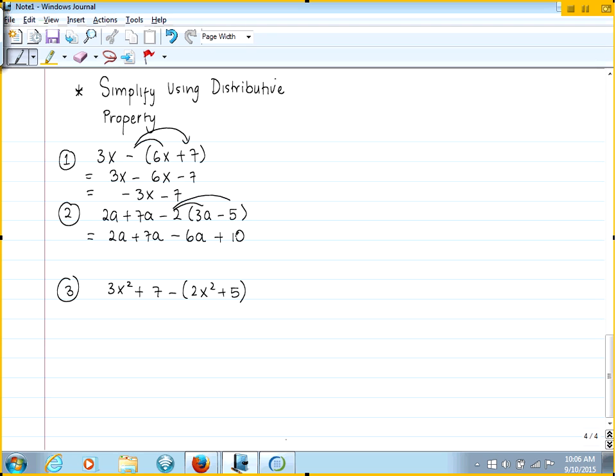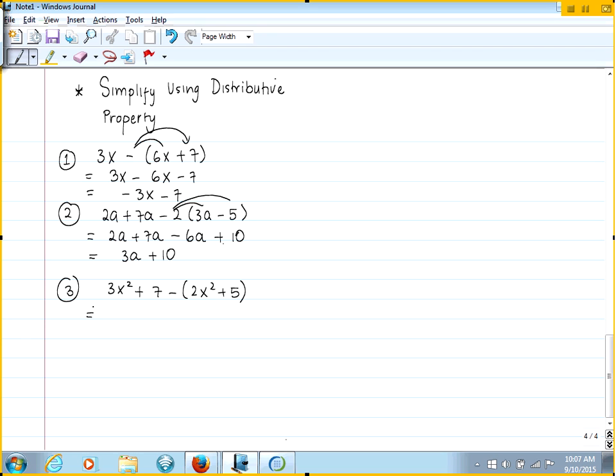Negative 2 times negative 5. That is plus 10. Right? Okay. Now, let's combine all the a's. What a's do I have here? 9a minus 6a, which is 3a plus 10. Good. Yeah?